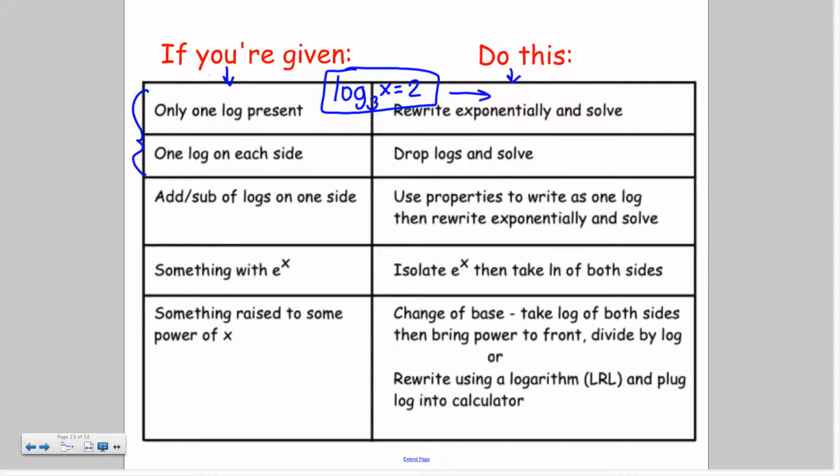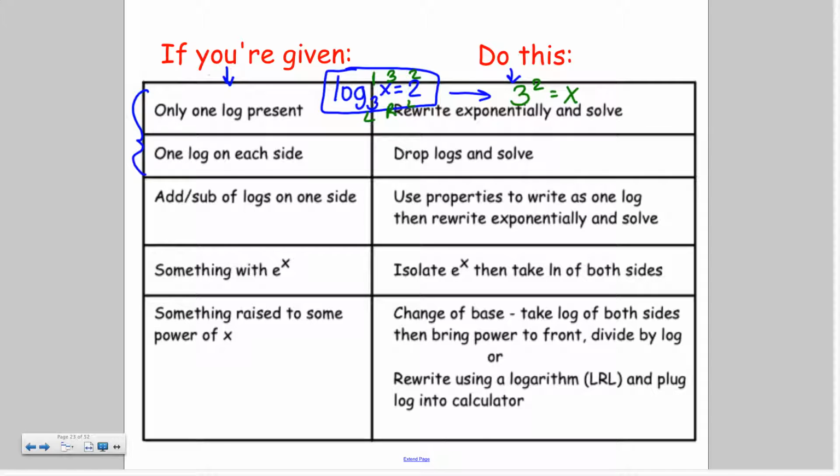Some of you like left, right, left, LRL. Some of you like that number thing that we do, 1, 2, 3, or 1, 3, 2. Then you're just going to write it in that order. 3 squared is equal to x, and then you can solve it, because that you could put in your calculator.